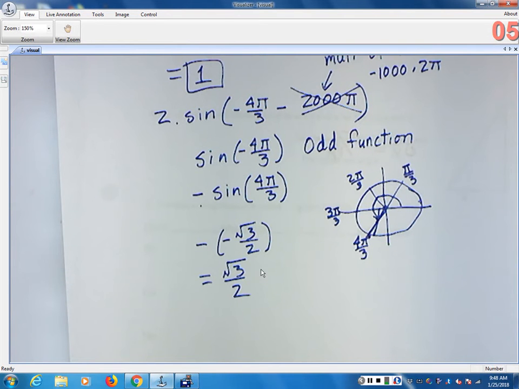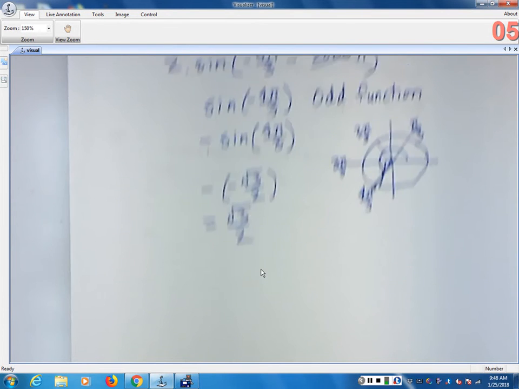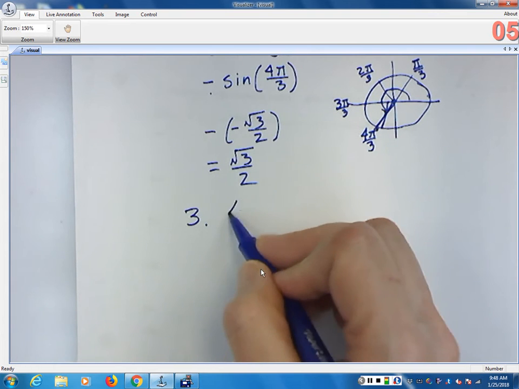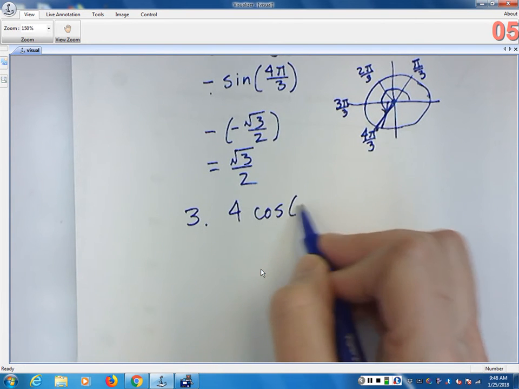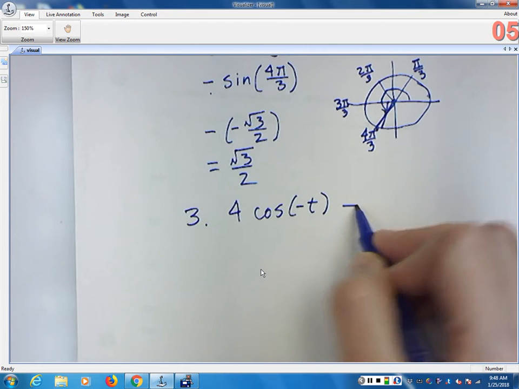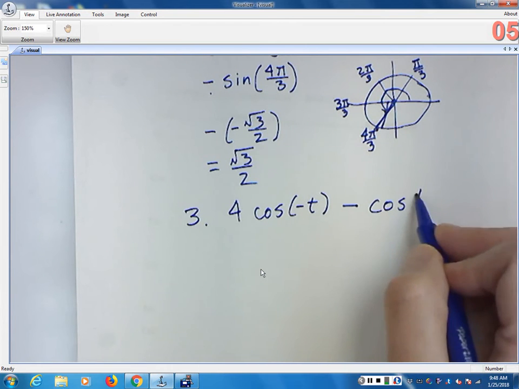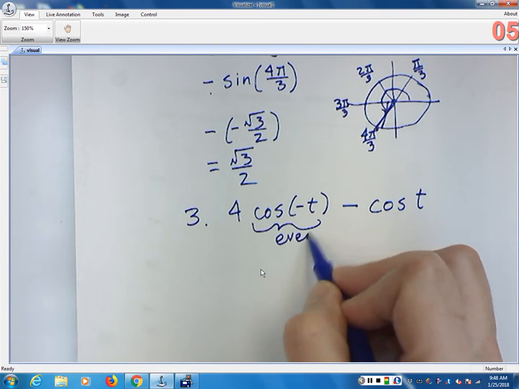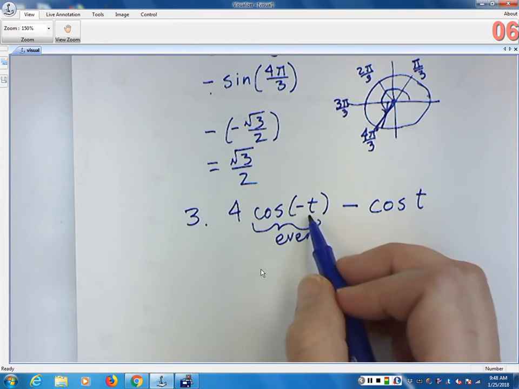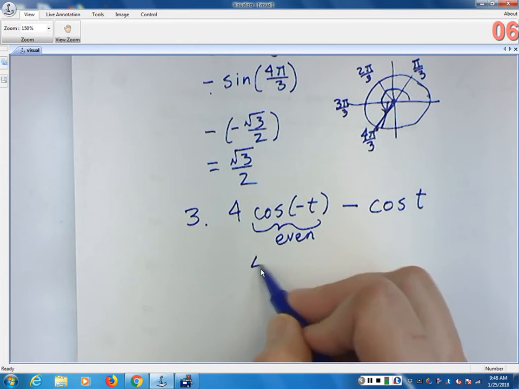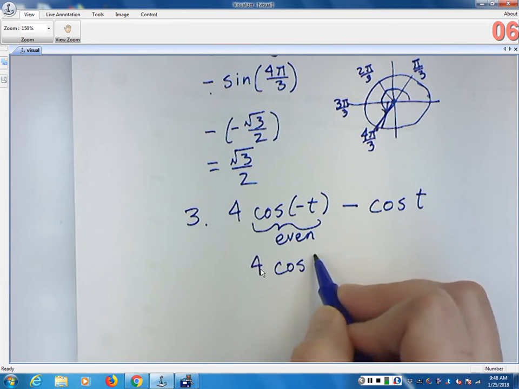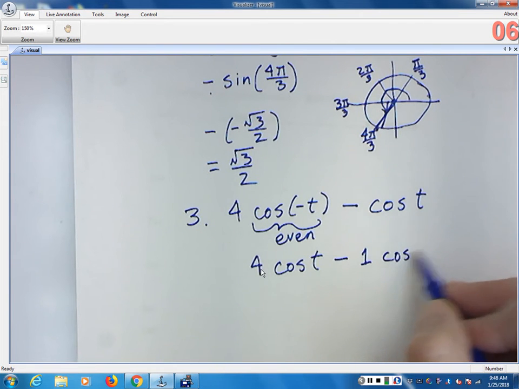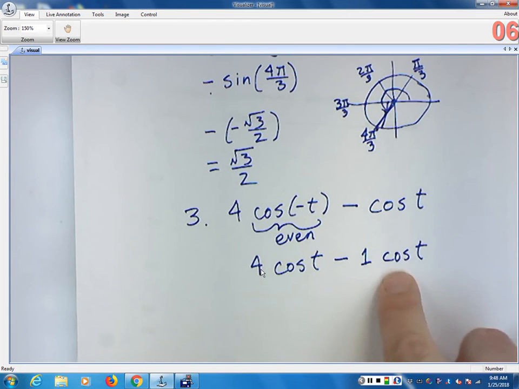Okay, and then another one, number 3, said 4 cosine of negative t minus cosine of t. Well, cosine is an even function, so cosine of negative t equals cosine of t. So it's 4 cosine t minus 1 cosine t. 4 minus 1 is 3.